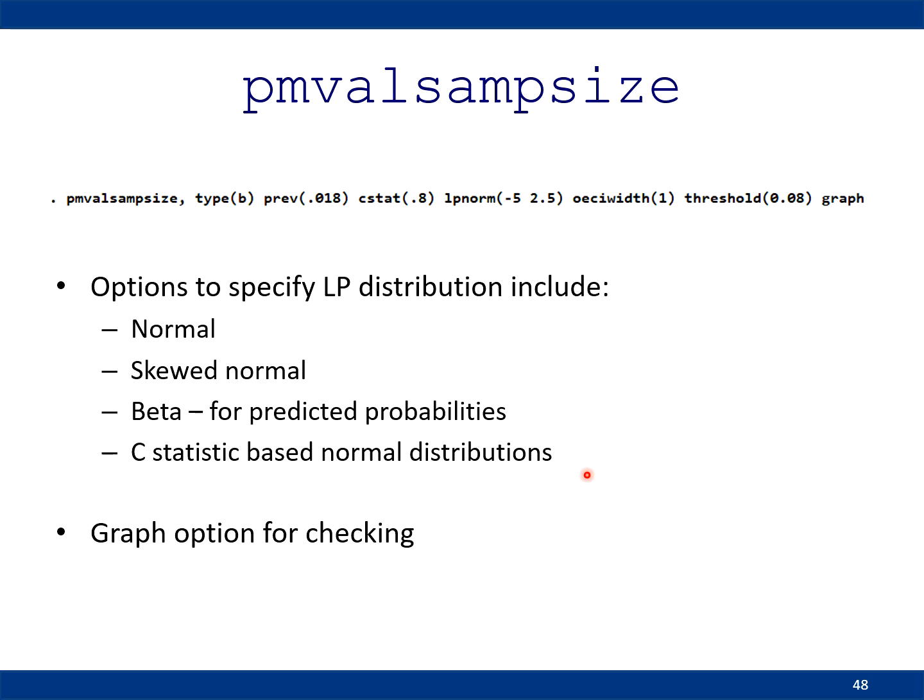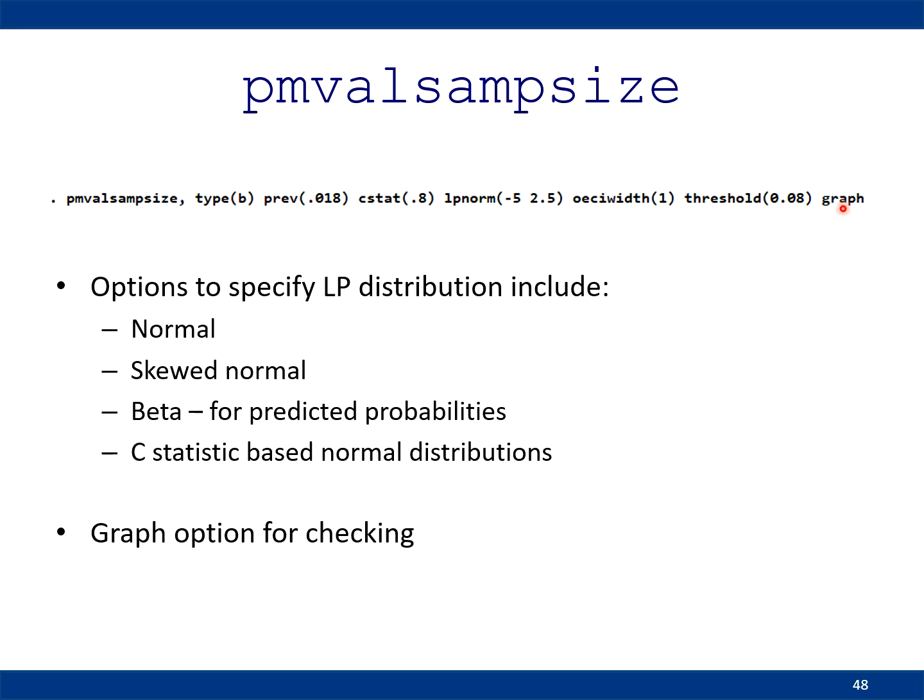Or finally, we can specify normal distributions for the event and non-event groups based on the C-statistic. Remember that this is the most commonly reported performance statistic. In the next update to the program, we'll be able to specify separate event and non-event distributions for the other distributional options too.